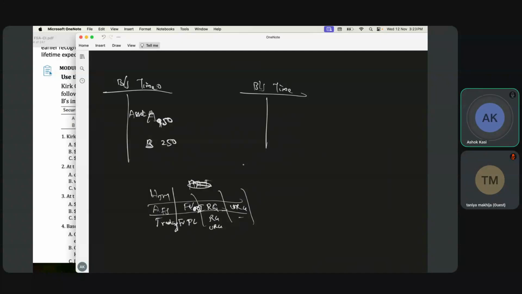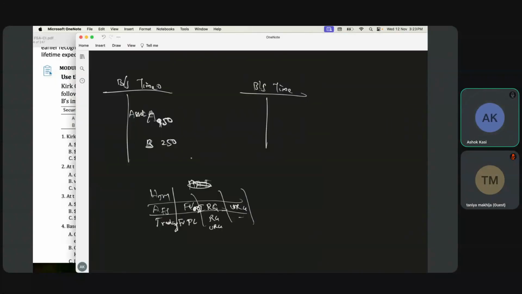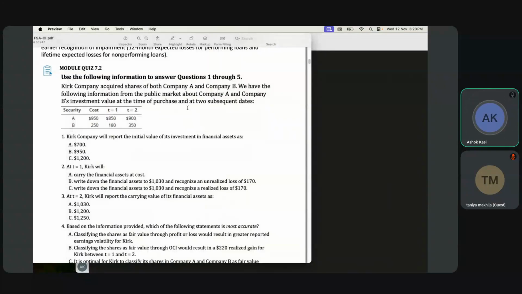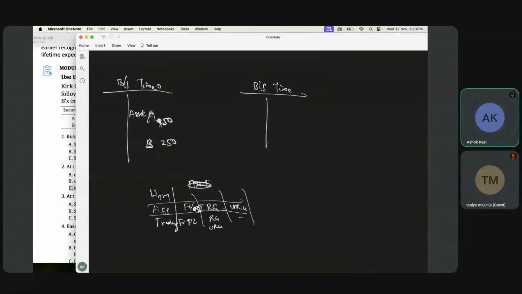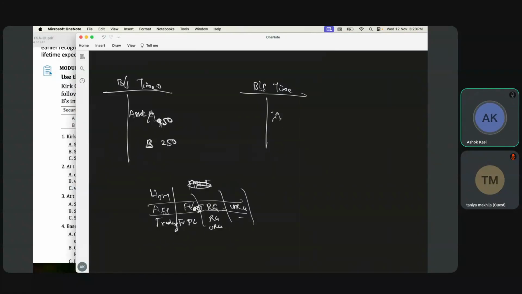They have not mentioned whether it is OCI or this one. But anyways, the question is just about realized and unrealized. That doesn't matter then. So fair value is 850 here, so asset A will be 850.